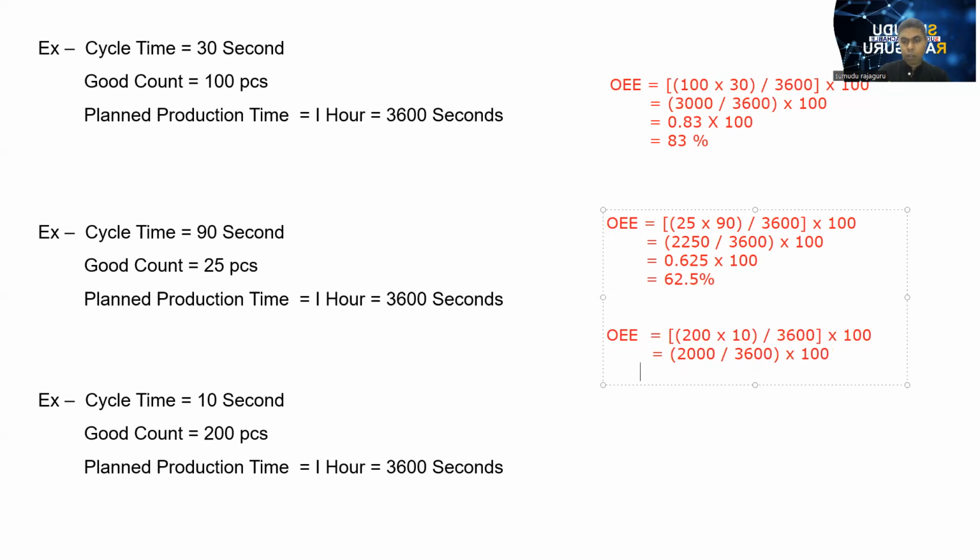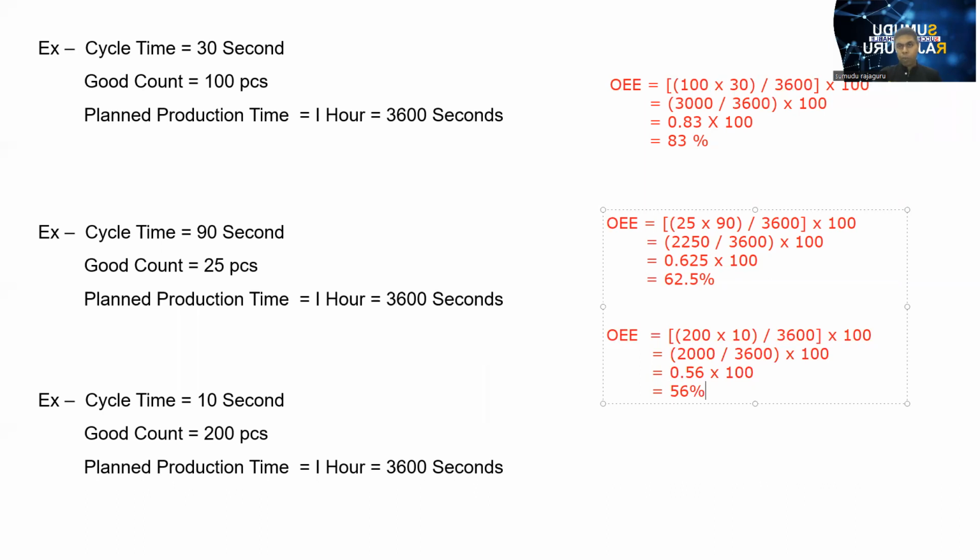What is the answer of OEE? 2,000 divided by 3,600 means 0.56, into 100. So overall equipment efficiency as a percentage is 56%. So I think this simple calculation of overall equipment efficiency, now everyone can do. It is very easy.